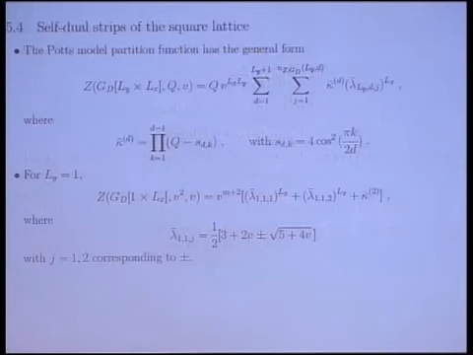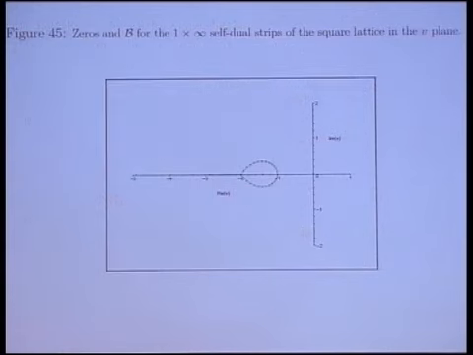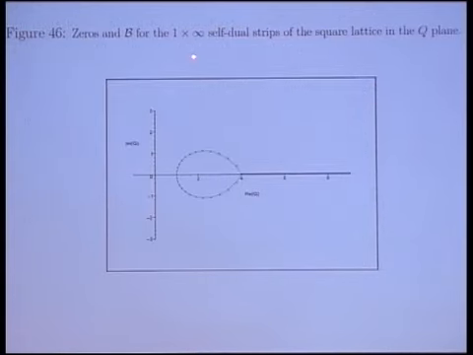Okay, and if we consider the self-dual strip of the square lattice, we found that, for example, for the width 1 self-dual strip of the square lattice, which is the wheel graph, the crossing of the locus is at q equal to 1 and q equal to 4.